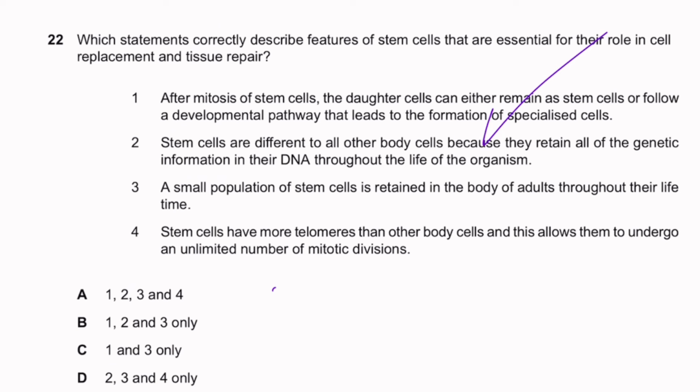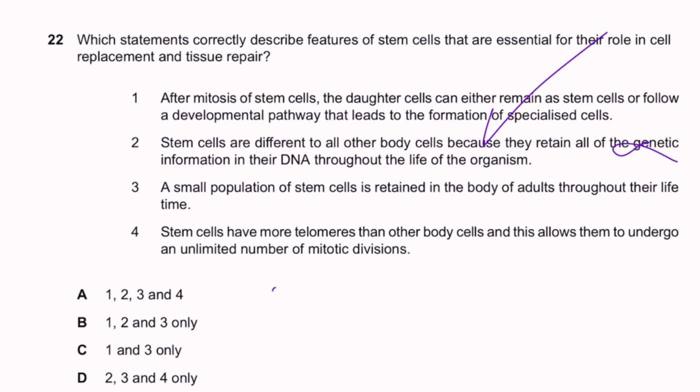Actually, all cells retain their DNA. It's not just stem cells that retain all their genetic information. So no. 3, a small population of cells is stem cells retained in the body of adults throughout their lifetime. Actually, yes, we do not have many stem cells. They do not have the maximum power. They are called multipotent stem cells, which have the power to differentiate into cells according to where they are. So let's say cells in the bone marrow are able to differentiate into blood cells.